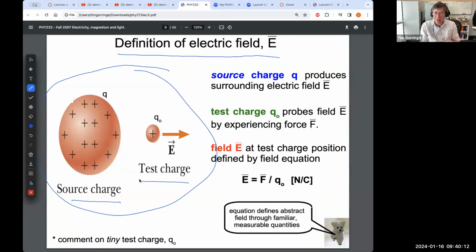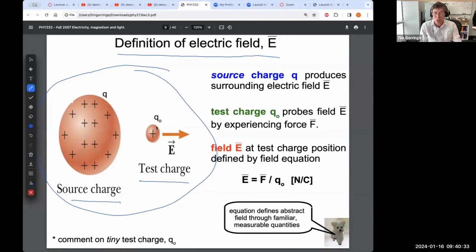The test charge is how we explore or probe or measure that electrical field. So into the field of the source charge, I'm placing this test charge. That test charge in that electrical field will experience an electrical force.